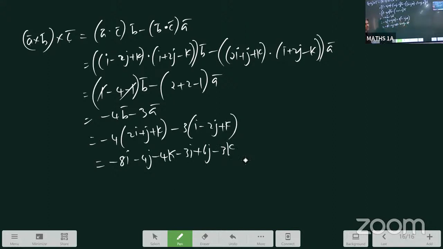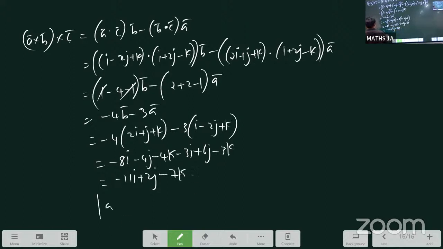Just open the brackets and multiply. Now corresponding i, j, k coefficients must be subtracted. That is minus 11i plus 2j minus 7k.